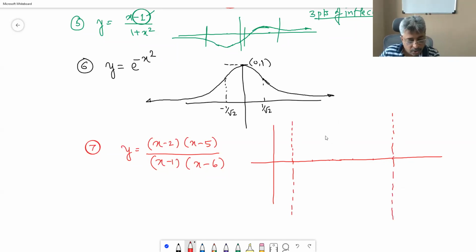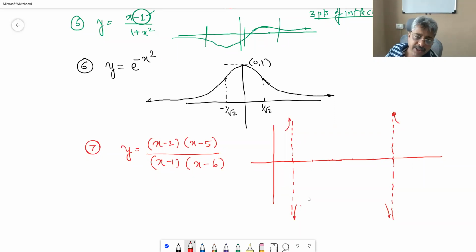Now, as you do further analysis to the right and to the left of 1, you will find convex going this way. To the right of 1, you will find concave going this way. To the left of 6, you will find concave going this way, minus infinity, and it will go to plus infinity like this.